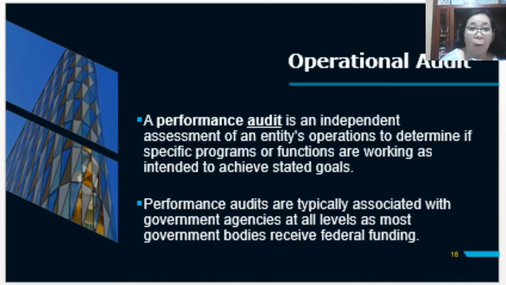So this is how performance audit is being done. If there are any deviations, measures of mitigating the negative impact and capitalizing on the positive ones will be recommended in the report.